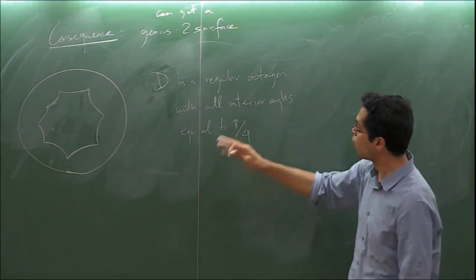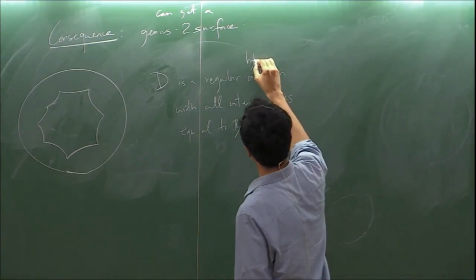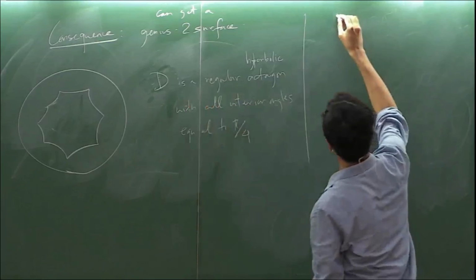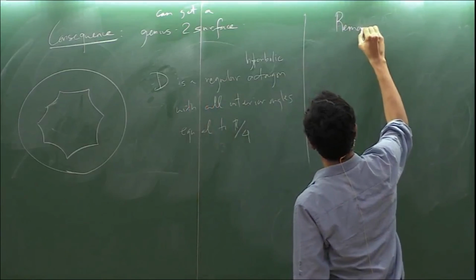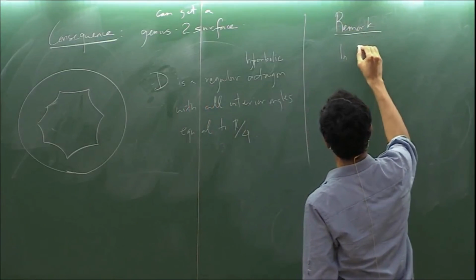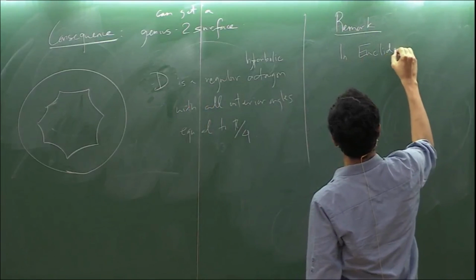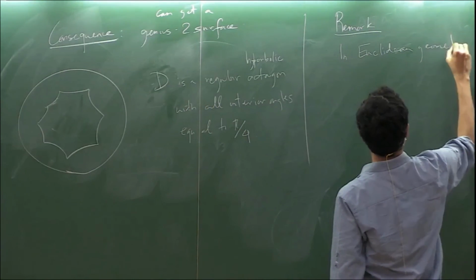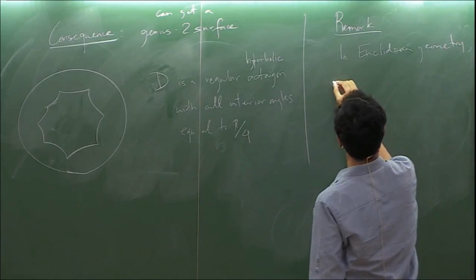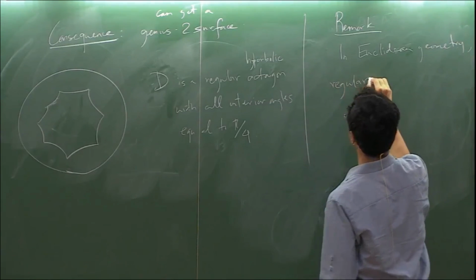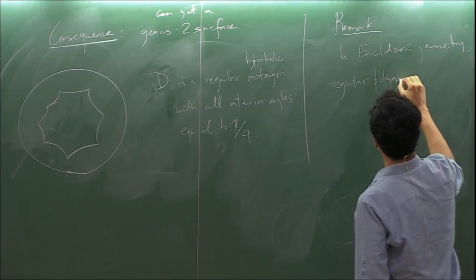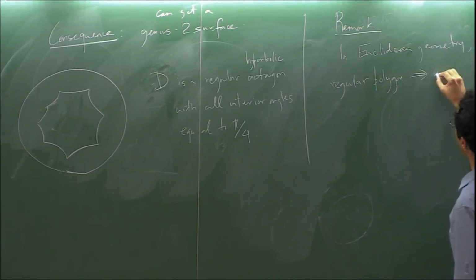Okay, so you want to start with this. It's a hyperbolic octagon, remember. Such a thing doesn't exist in Euclidean geometry. In Euclidean geometry, a polygon being regular means all the sides have the same length, and that means all the interior angles are determined.